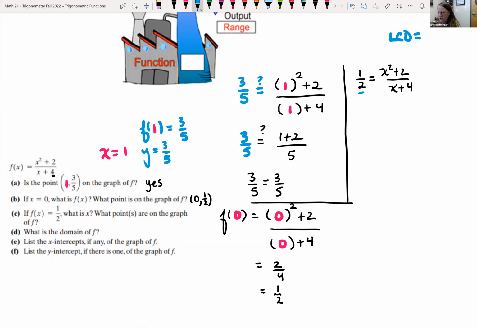So I have a factor of 2 here, which is not a factor over here, so I need that in my least common denominator. And I have this factor of x plus 4 here, and so I also need that in my least common denominator. So using the rule that because this is an equation, I can multiply the same thing on both sides of the equation, and it will give me an equivalent equation back.